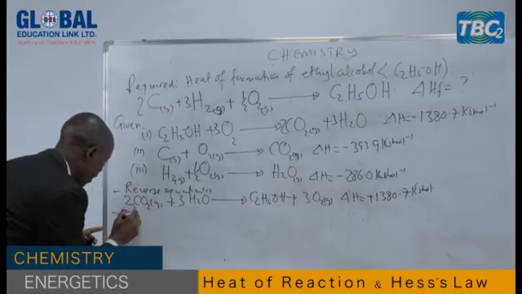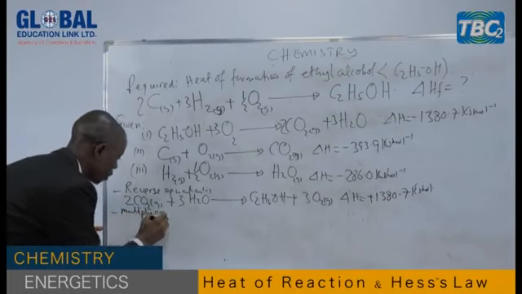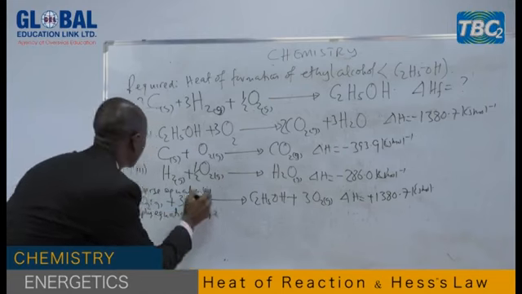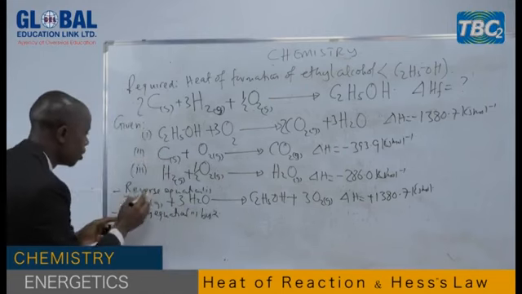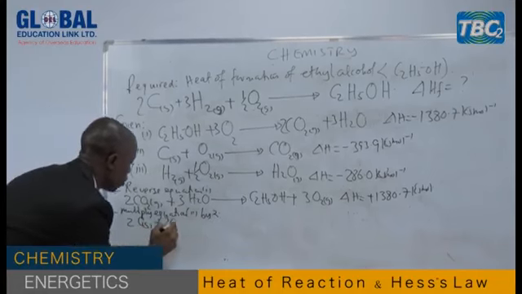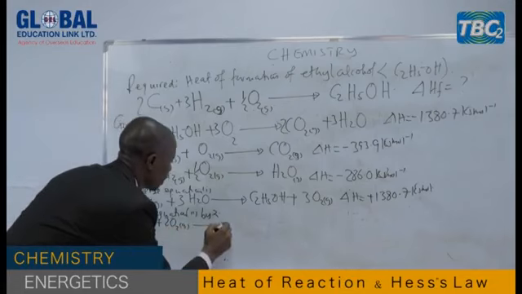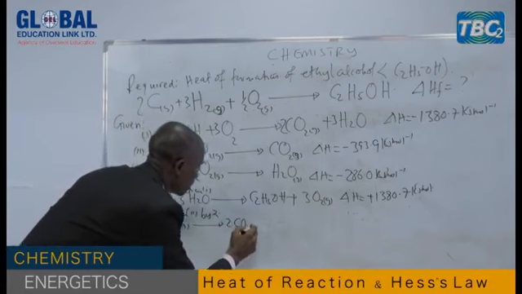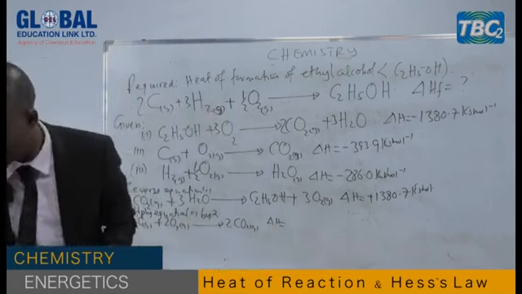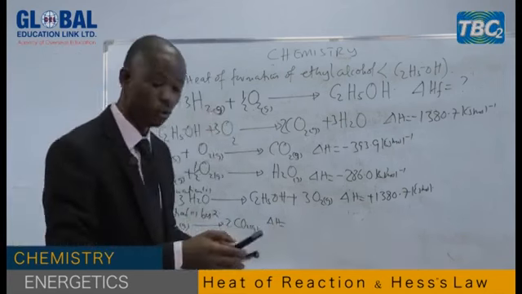So multiply equation 2 by 2. When you multiply, you get 2 carbon solid plus 2 oxygen gas to give 2 moles of carbon dioxide gas. And the enthalpy change as well, you have to multiply. Now, use your calculator.